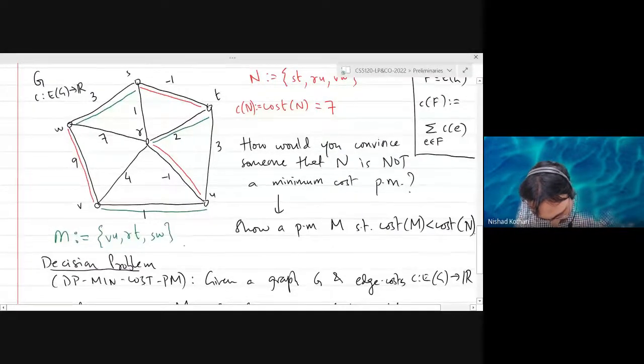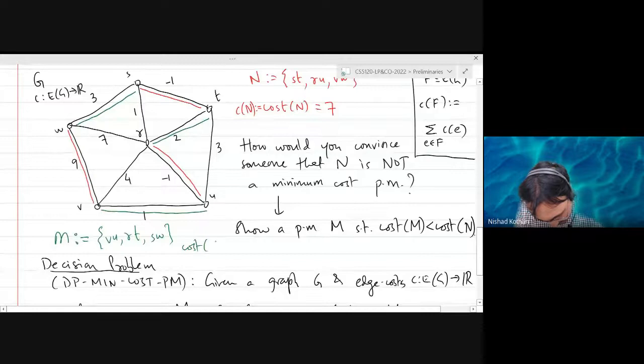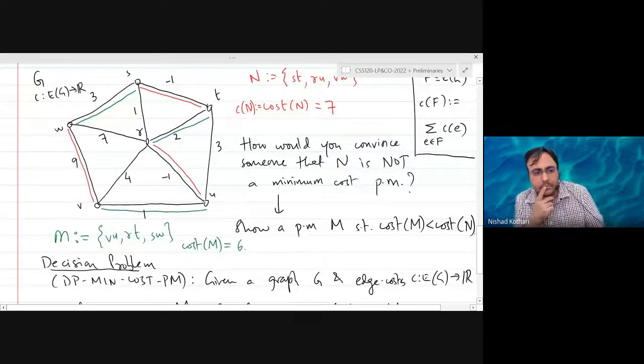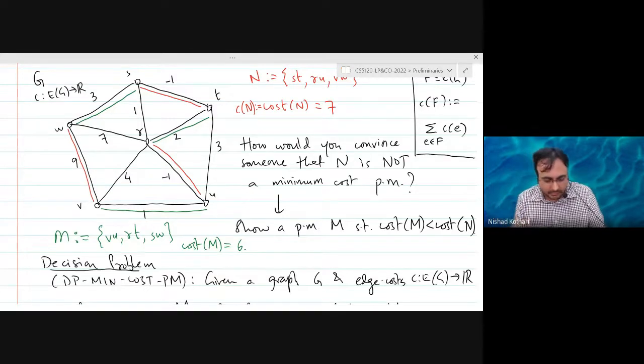And observe that the cost of M is exactly equal to 6. So if you were to show somebody this perfect matching, they would be convinced that the original one, N, the red colored, is not a minimum cost perfect matching.